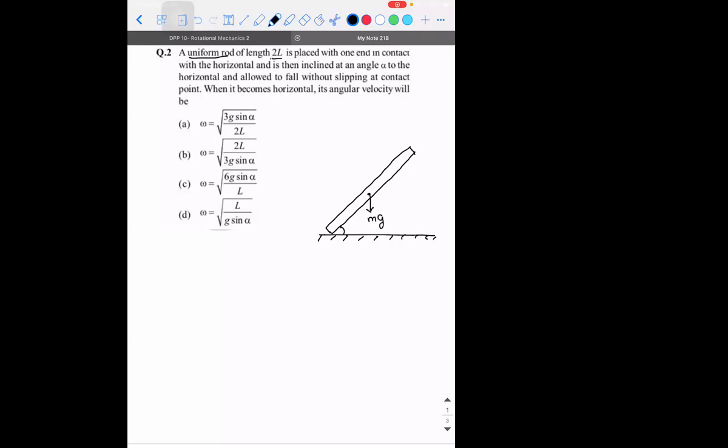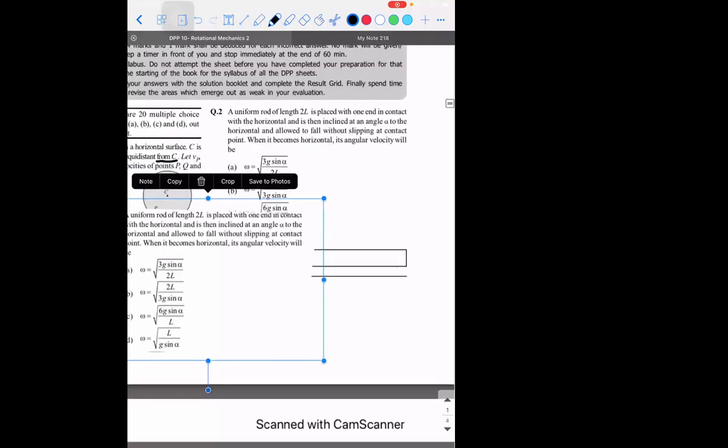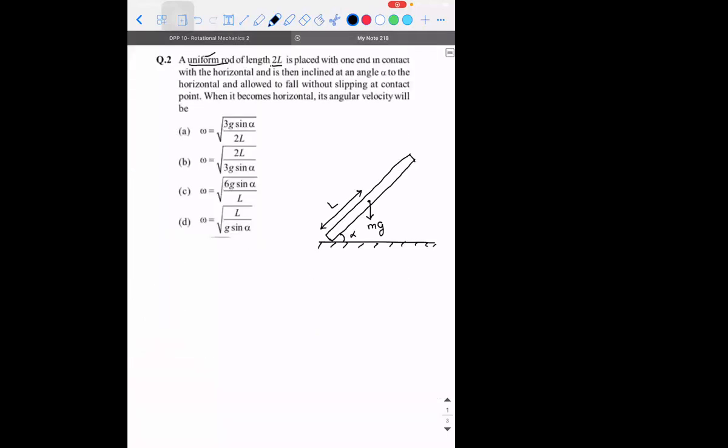This is mg. This is alpha, right? How much is this distance, guys? It is L, because it's a uniform rod. Uniform rod means the center of mass is exactly going to be its center, right? And the rod is revolving. Let's say it is revolving with an angular velocity omega.